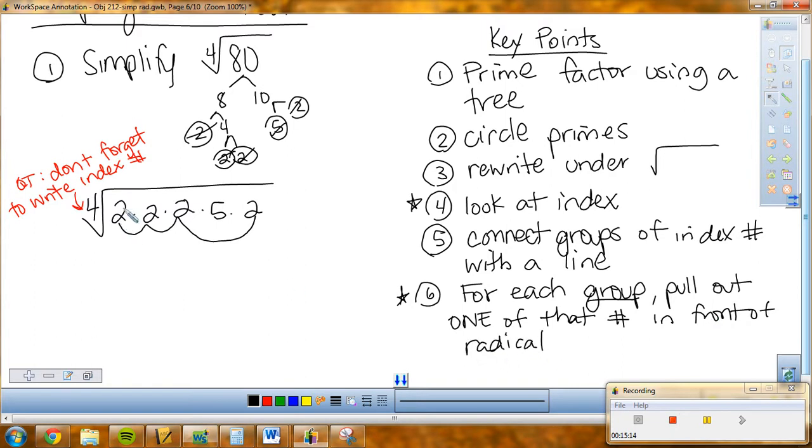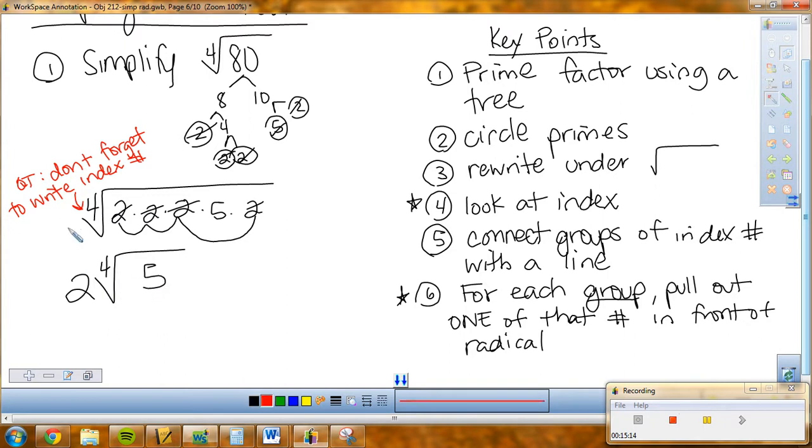So here I have 1 group of 2, so that means all of these 2's I'm going to pull 1 2 up. Then the only thing I have left, this came out, is my 5. So again, I need to remember writing the 4th root of 5.